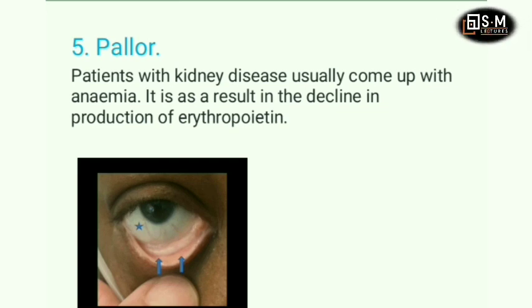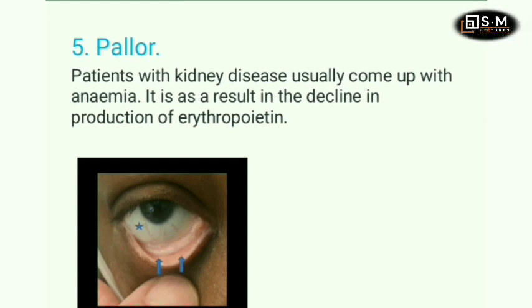It is as a result of a decline in production of erythropoietin. Erythropoietin is a hormone required for erythropoiesis. Erythropoiesis is a process whereby red blood cells are produced in the body.